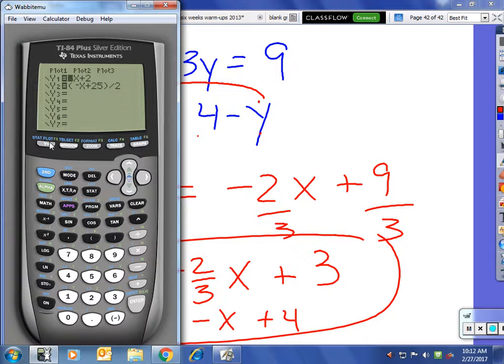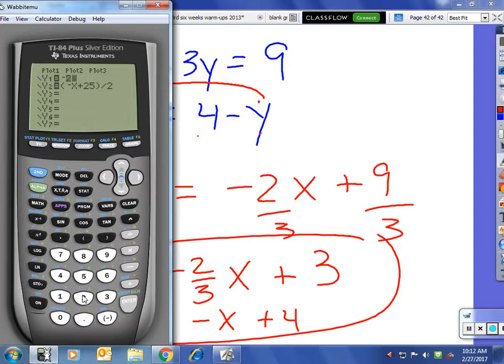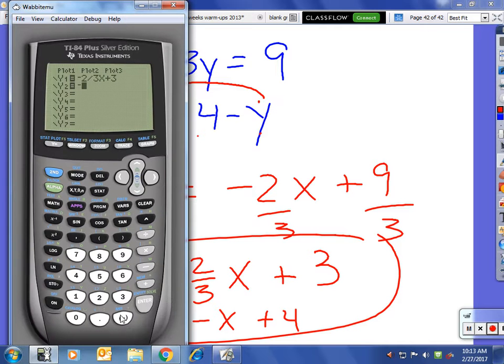I'm going to go back to Zoom 6. Okay, so here, what do we have? Y equals negative 2/3 x plus 3. Down here we have y equals negative x plus 4.